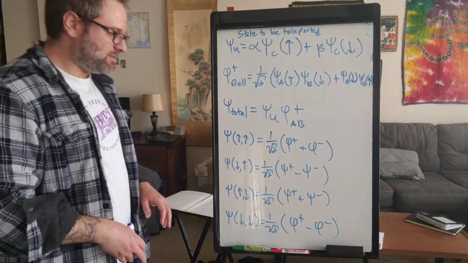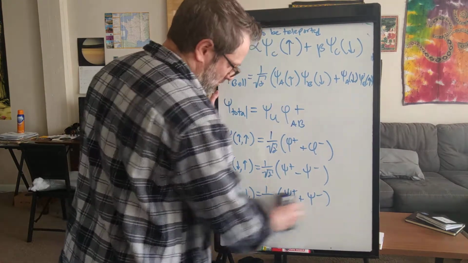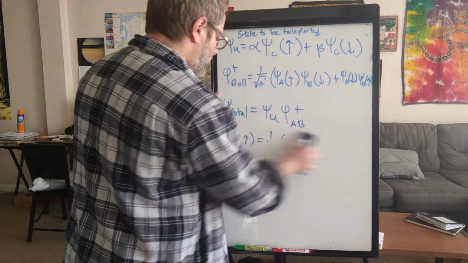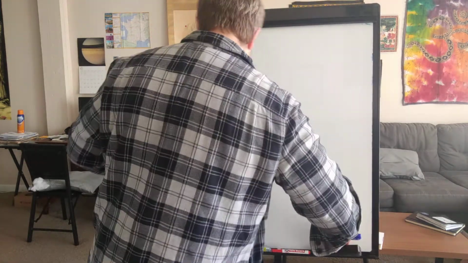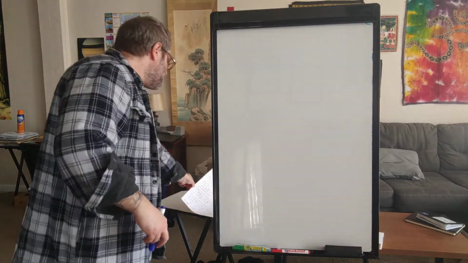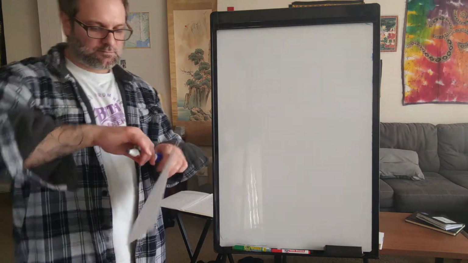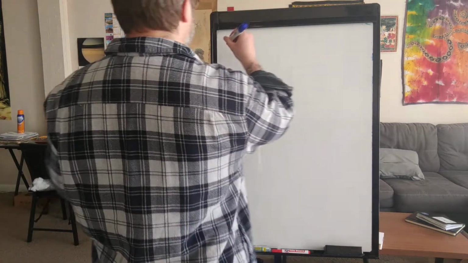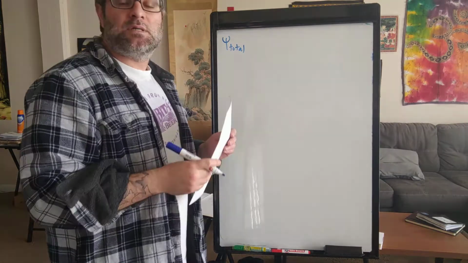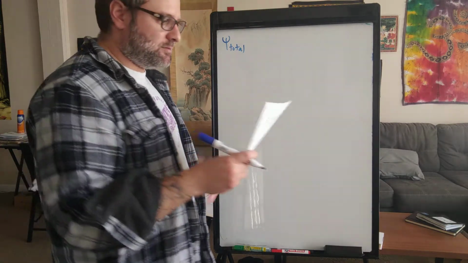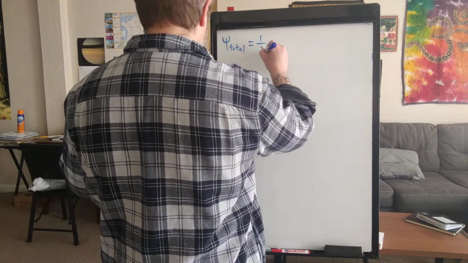So I'm going to erase everything, so prepare. So now the total state, that psi u times psi AB, I can write as 1 over 2.